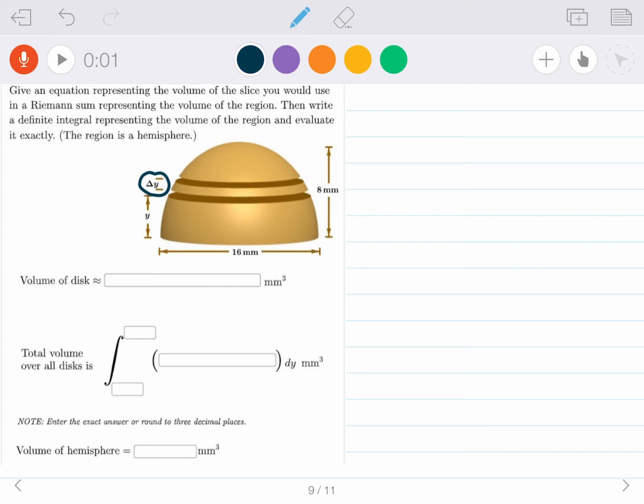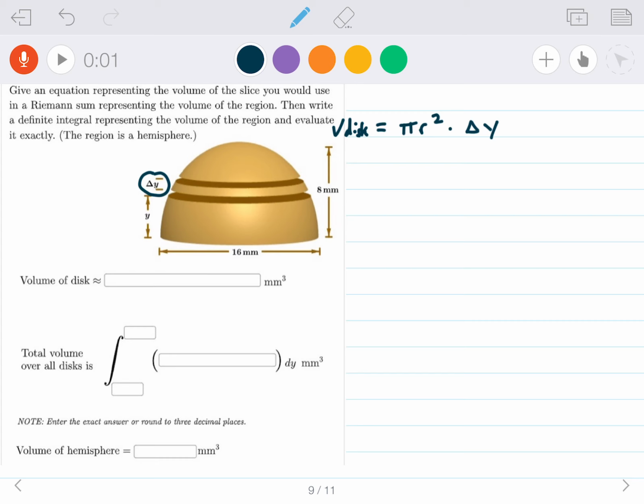Remember that the volume in general is just the surface area of the base times the thickness. Since we're cutting circular slices, the surface area of the base is pi r squared, times the thickness, which is delta y. So this is the volume of the disk.